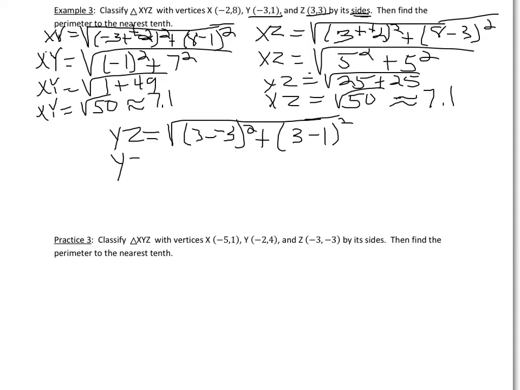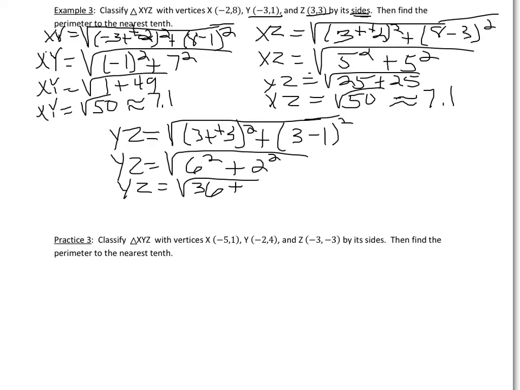So for YZ, this is plus a positive, so I'm looking at 6 squared plus 2 squared. YZ would be the square root of 36 plus 4. So YZ is equal to the square root of 40, which is approximately 6.3.